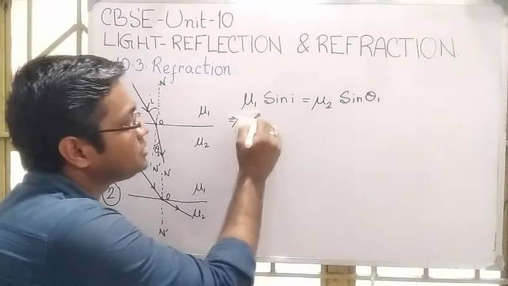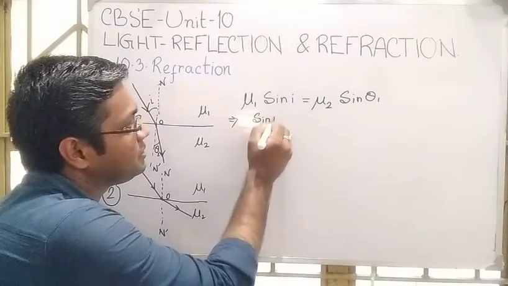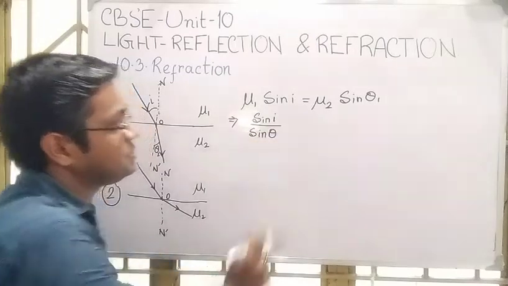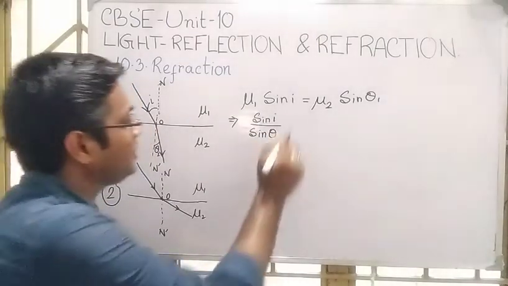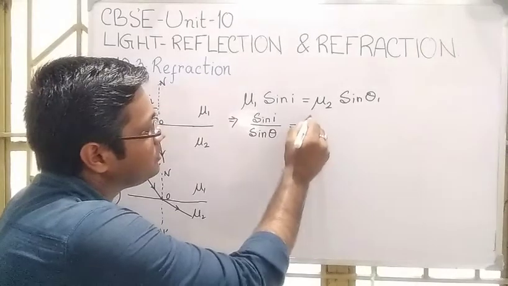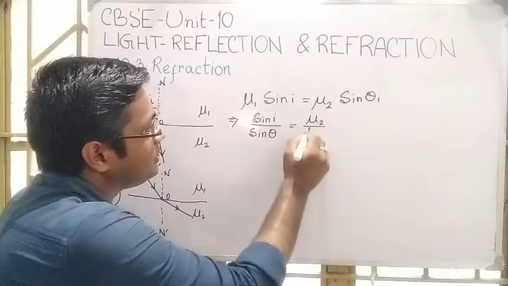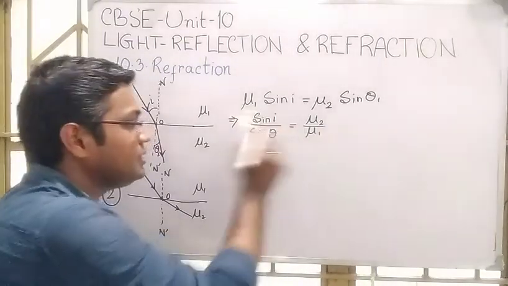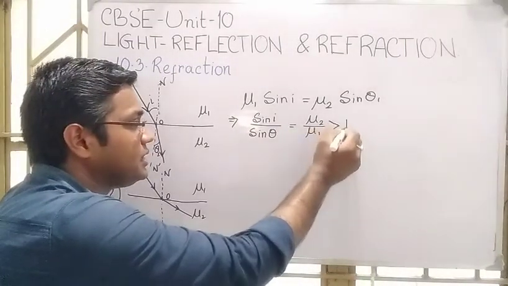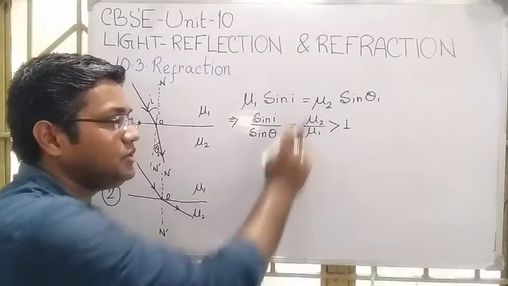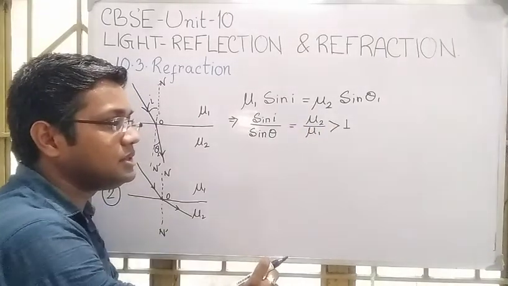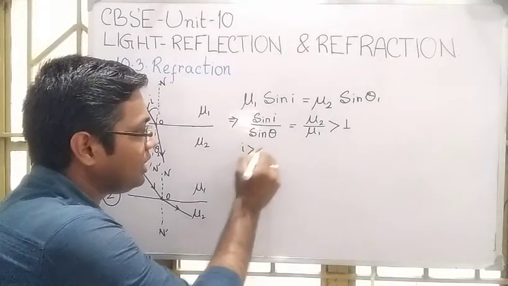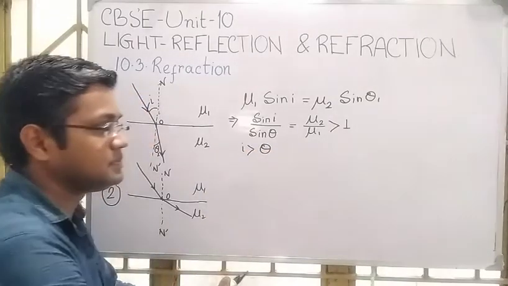So sin I divided by sin theta equal to mu2 divided by mu1. Here if I consider mu2 greater than mu1, so mu2 by mu1 is greater than 1. If it is, then we can consider I is greater than theta.